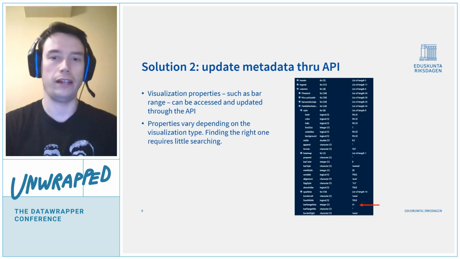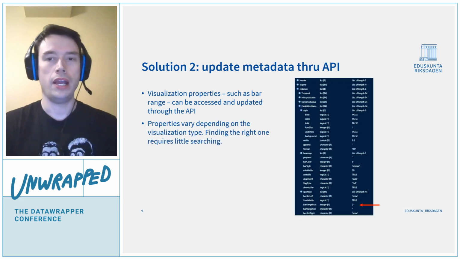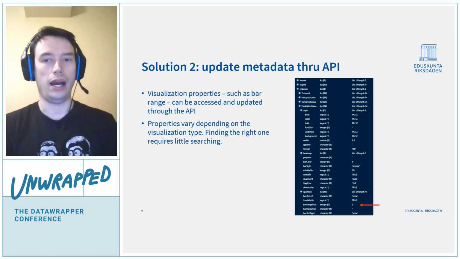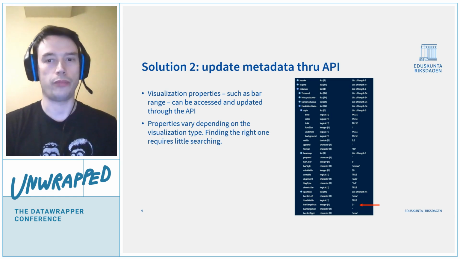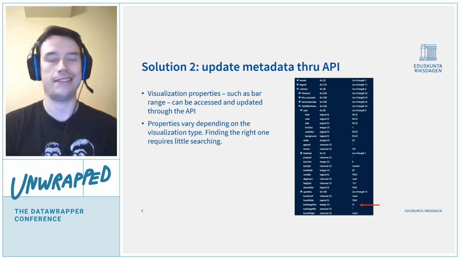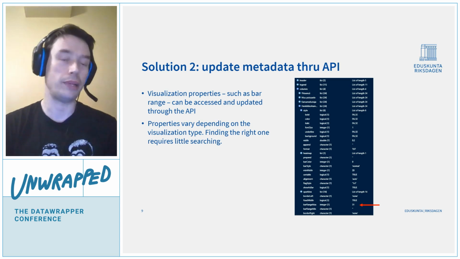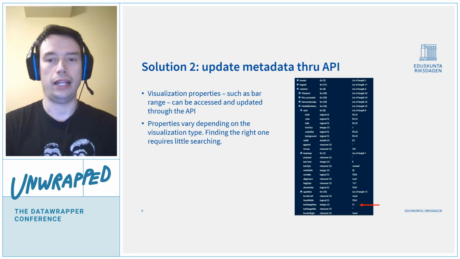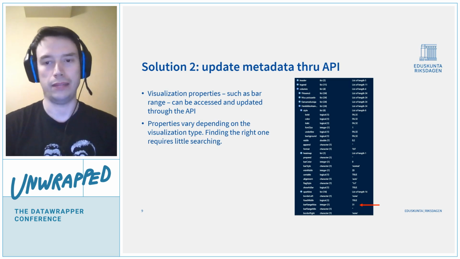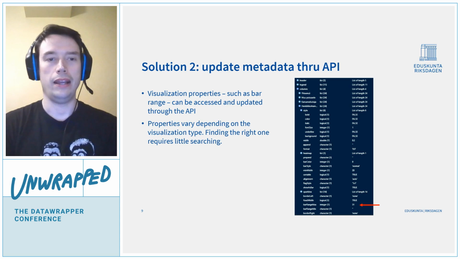There is a developer documentation on how to use the API, with a guide to all these properties. It only states that it's impossible to tell in detail every single property from over 20 chart types, because the properties vary in all the visualization types.